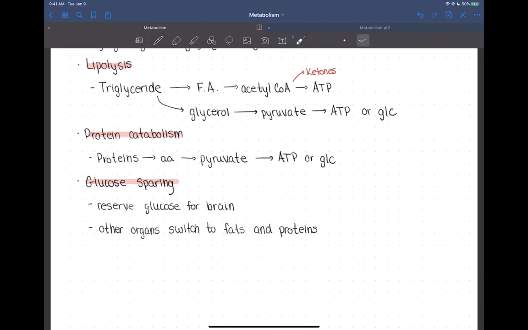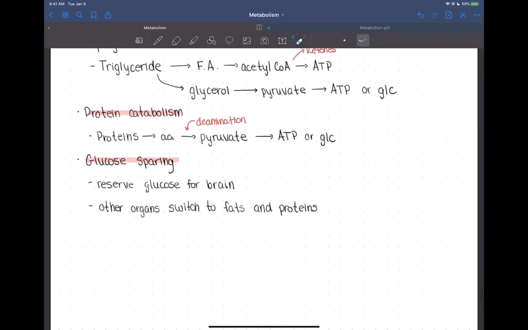Then our proteins are broken down into amino acids. That would be catabolism. And those amino acids can be converted into pyruvate. All right, that is after they have been deaminated. We remove that amine, and then that pyruvate can be used to make ATP or glucose.